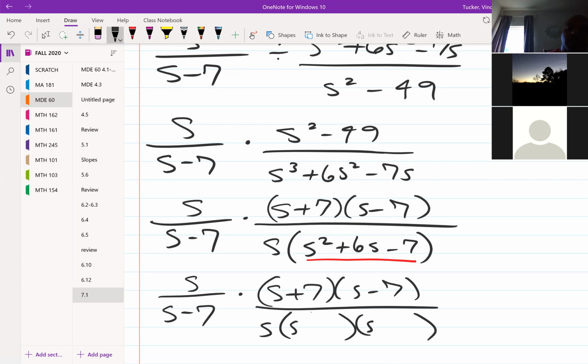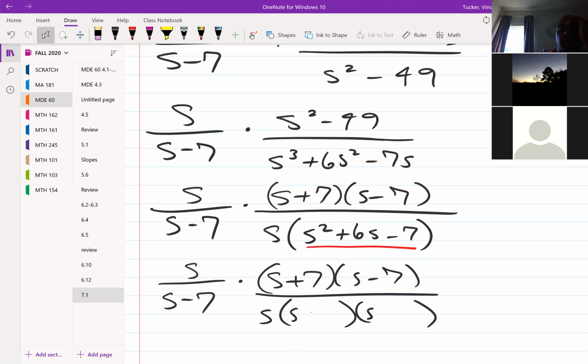So we have s and s. Then our sign is going to be different because of that back subtraction sign. And we want the factors of 7 that will subtract from each other to give us 6. 1 times 7. So it'd be 7 and -1. That will give us a positive 6.